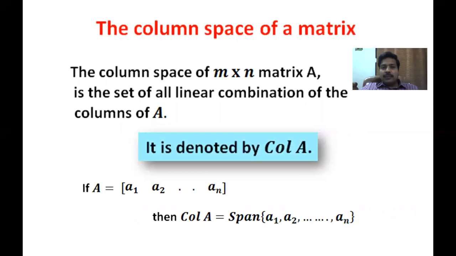This is the definition of the column space of a matrix. So these are the things which we have gone through in the previous classes. With these concepts, let us discuss linear transformations in this class.